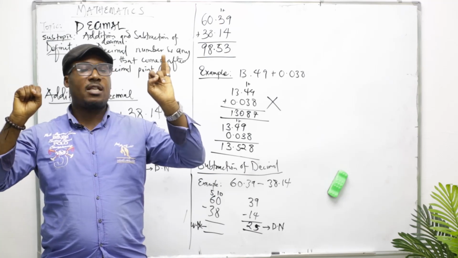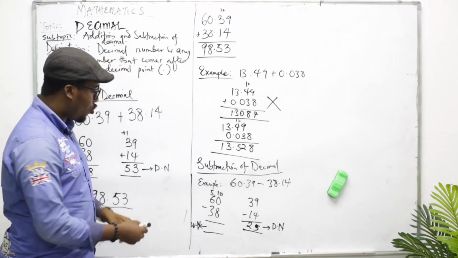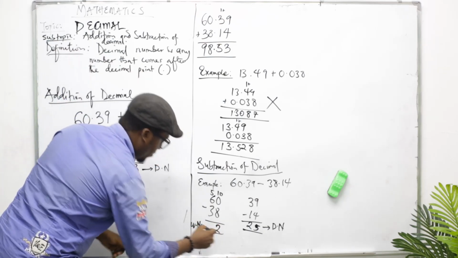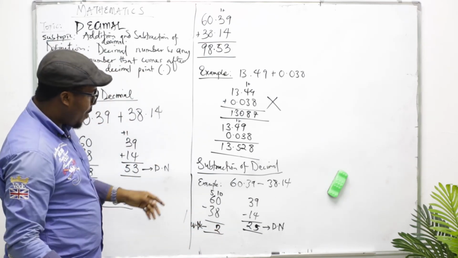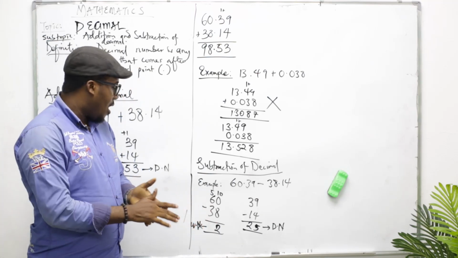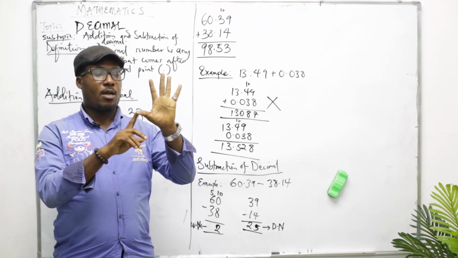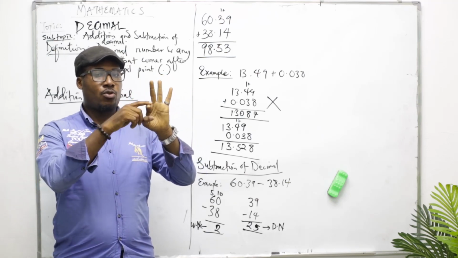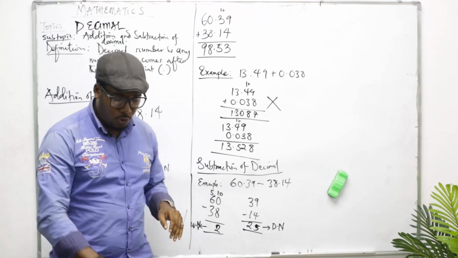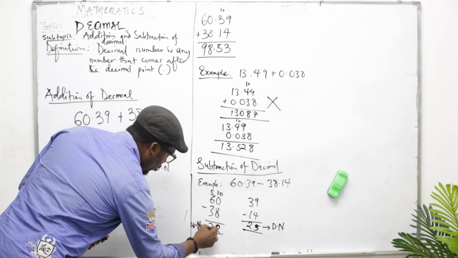What is remaining in our hands now is 2. So 10 minus 8 is 2. And then we have 5 remaining. We have 5, we want to remove 3. Let's go. 1, 2, 3. 2 also. So 5 minus 3 is 2.